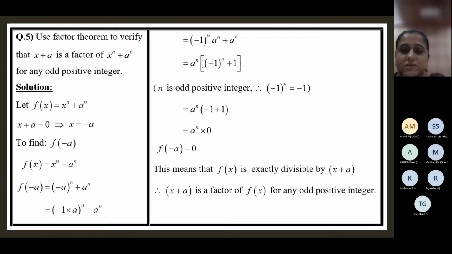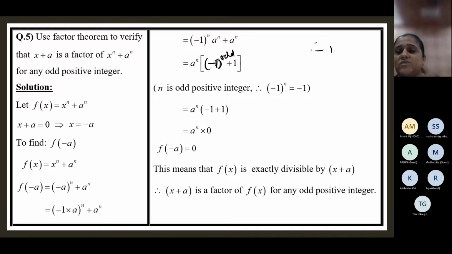So here minus 1 is the base. It is raised to an odd power. How do we know it is odd? Because it's given that n is odd. N is odd for any odd positive integer n. It's given to us. So here the base minus 1 is raised to an odd power.